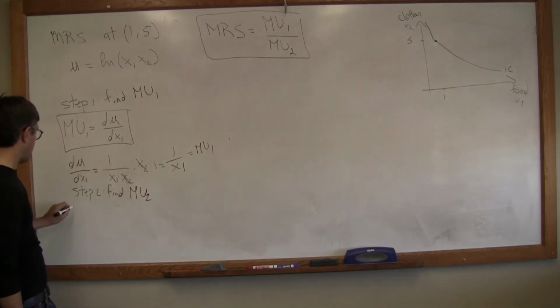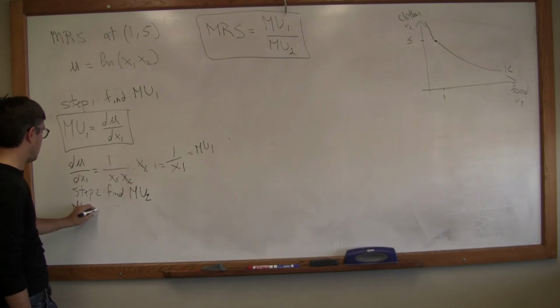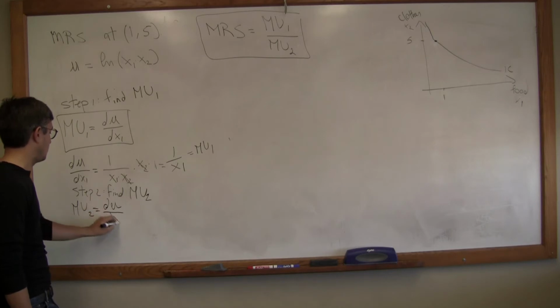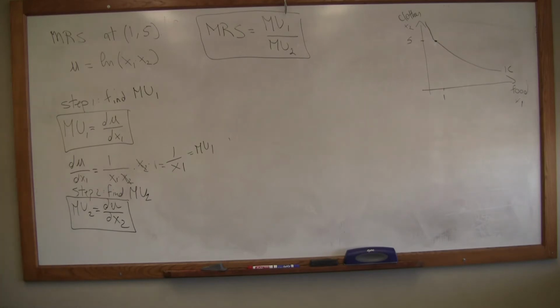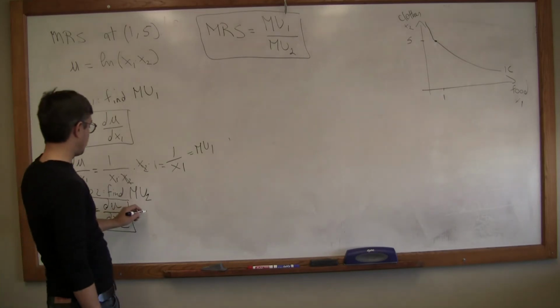Step 2, we find mu2. Recall that mu2 is the derivative of the utility function with respect to good 2. And again, what is that derivative?